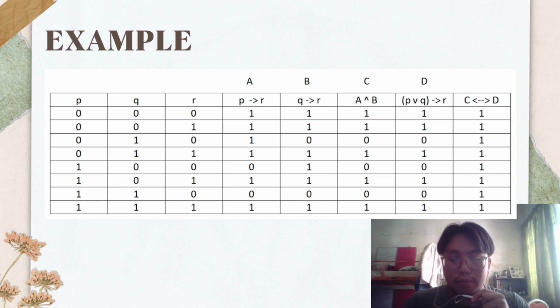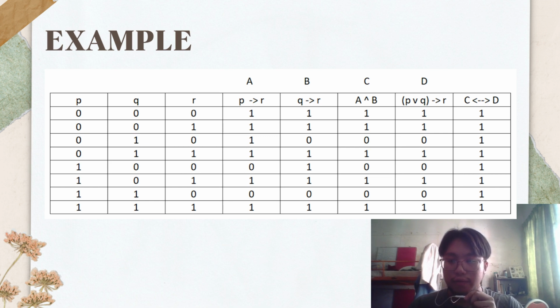For the next column, column C, which is A and B, the values for A and B are 1, 1, 0, 1, 0, 1, 0, 1. And for the next column, column D, it is P or Q implies R. So it is 1, 1, 0, 1, 0, 1, 0, 1. So we compare the values for column C and column D. It shows similarity.